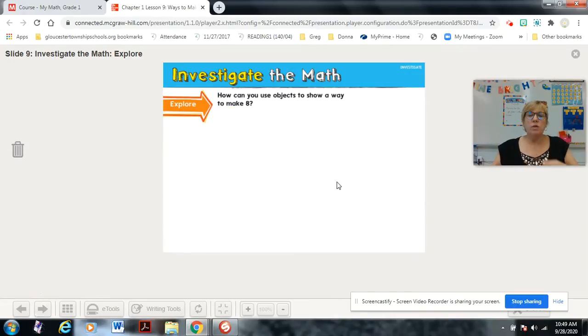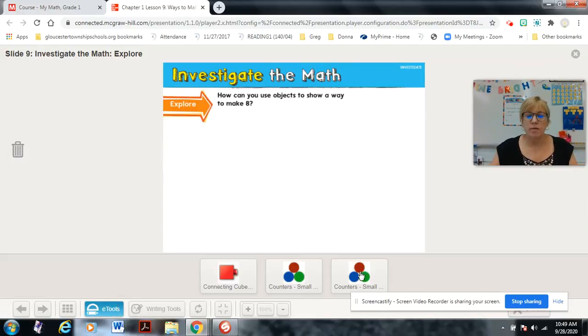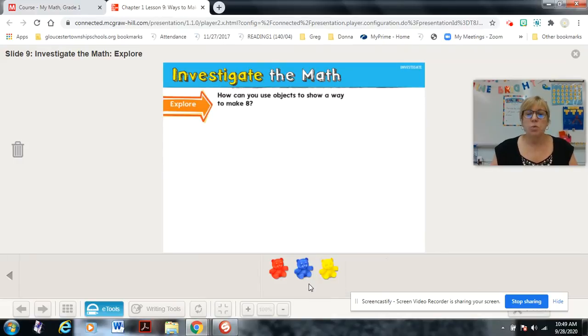All right, so now how could you use objects to show a way to make 8? Well, remember what I said? Always make sure that you start with the number 8 first. And then if they're colorful, put one section in one area, right? So let's try them. So we know we have to make 8, right?